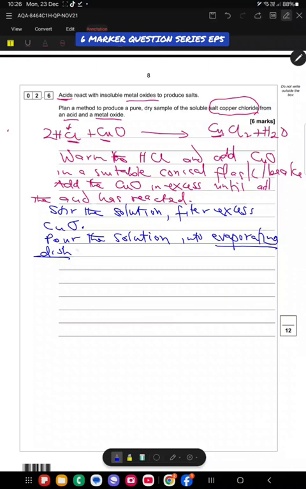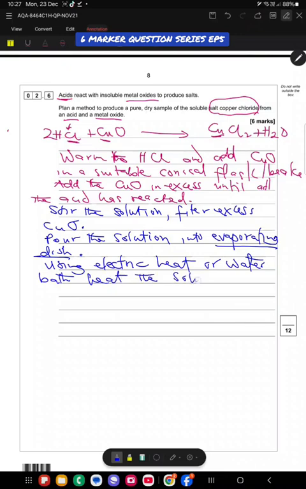And then, using an electric heater, either an electric heater or a water bath, you heat the solution for most or all the water to evaporate.